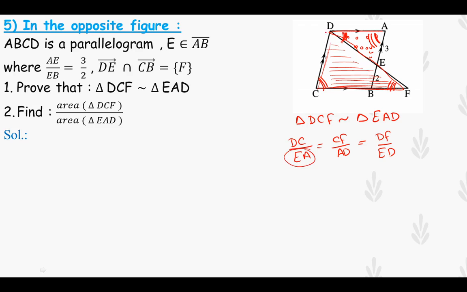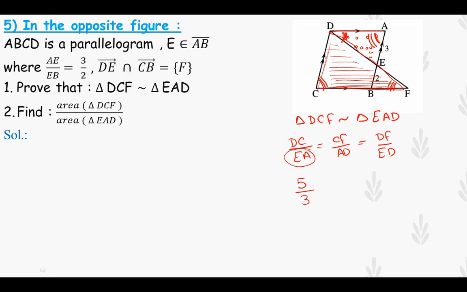We don't know the length of DC, but in any parallelogram each two opposite sides are equal in length, and AB equals 5, so the length of DC will also equal 5. So DC is equal to 5 and EA is equal to 3.